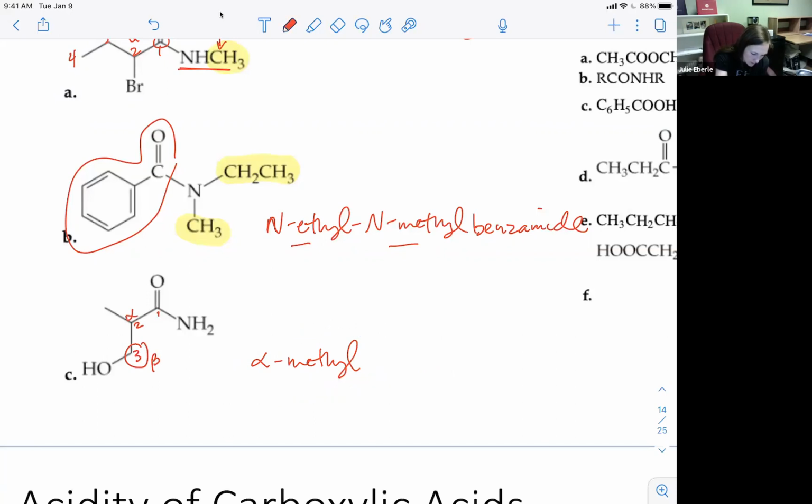Okay, beta, try this: beta hydroxy, alpha methyl. And then how do we finish this out? We're doing hydroxy first because it has alphabetical priority.